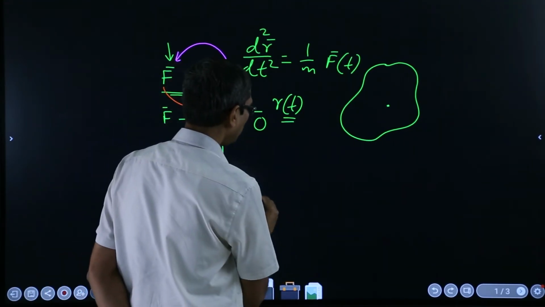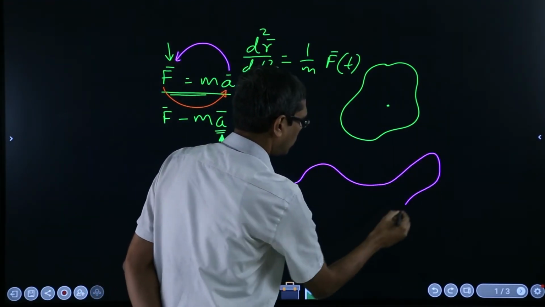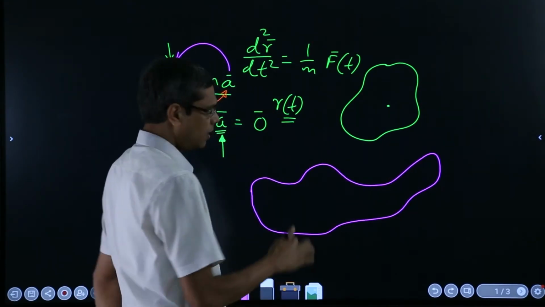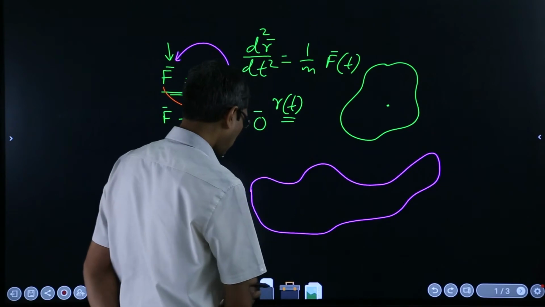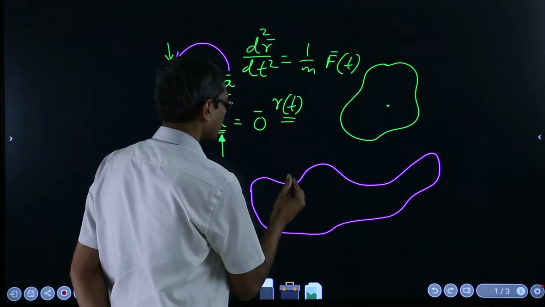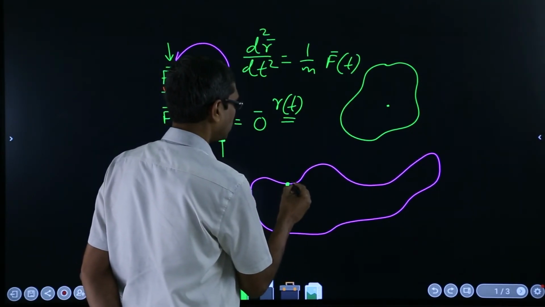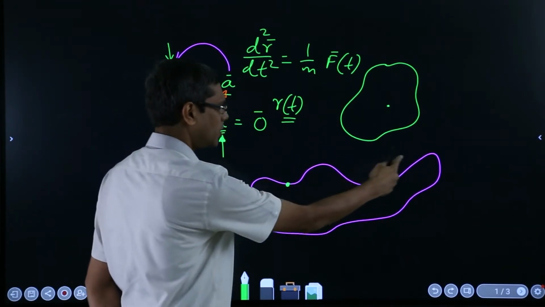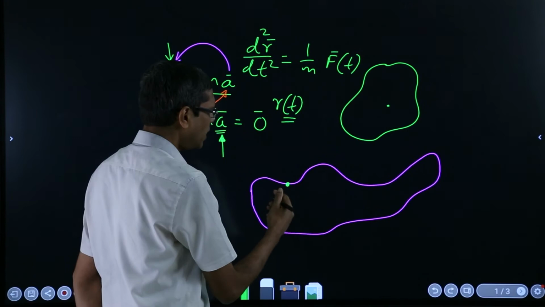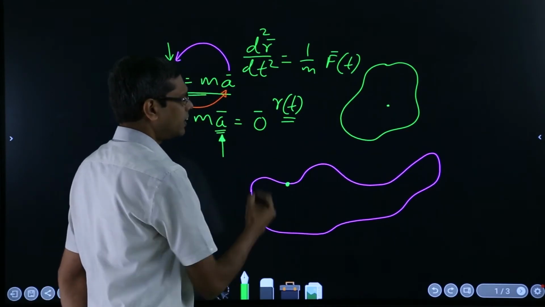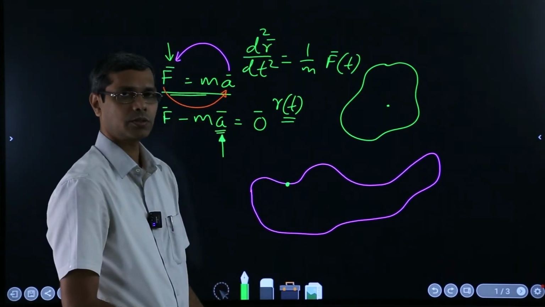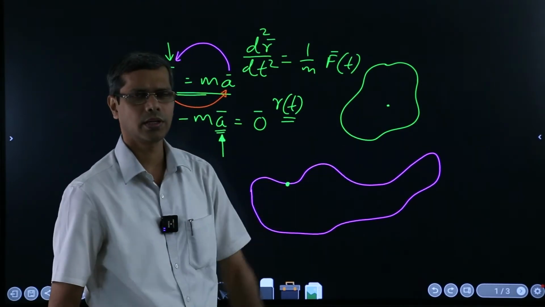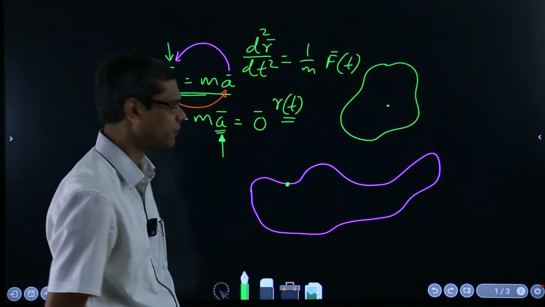That means if we know the geometry of the motion, for example, suppose there is a given path on which a particle is moving. For example, suppose there is a car and there is a road on which it is moving with varying speed. The speed may not be constant; say the speed is changing with respect to time as a very arbitrary function of time.